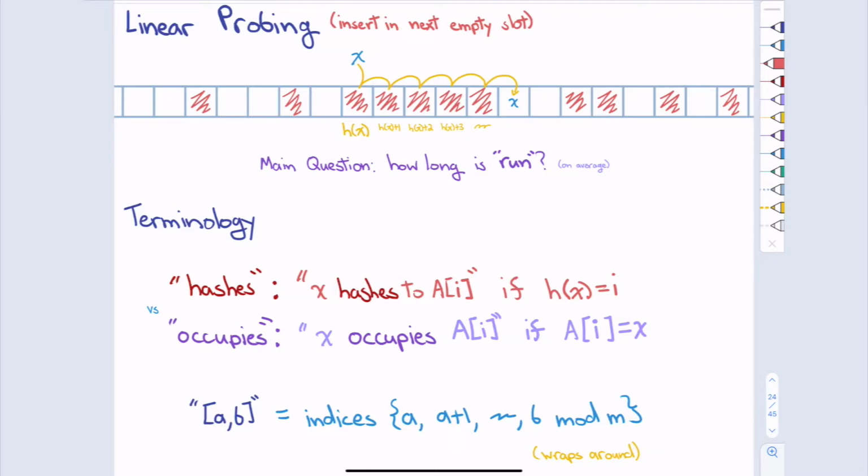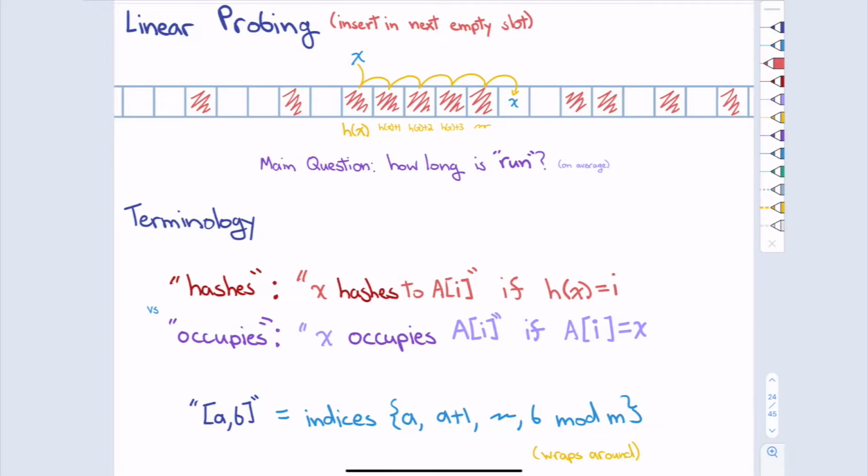And one convenient piece of notation. Naturally we're going to be focusing on sequences of cells a lot. So I'll use interval notation, A comma B, to refer to all the cells between A and B, between 5 and 10, something like that. With the additional caveat that if I wrote 10 comma 5, I'm going to wrap around.